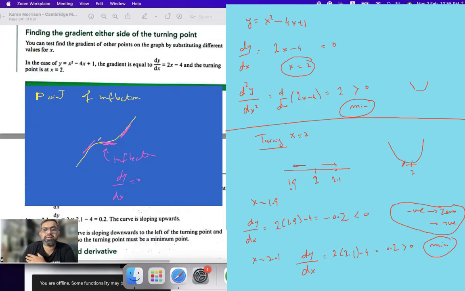That's why we have to check a little before the turning point and after the turning point that it changes its direction, like from negative to positive. If it remains positive and then is still positive, or before the turning point it's negative and after the turning point it's still negative, then it's not a minimum or a maximum, it's simply a point of inflection. But this is something you will cover later in A levels, not for IGCSE. Okay, this is done.